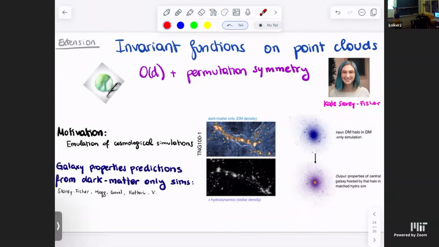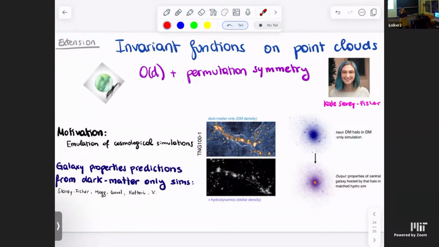She wanted to learn how to go from the properties in the cheaper simulation to the properties of the more expensive simulation. The properties she was looking at were scalar properties, so invariant functions on point clouds. Invariant with respect to permutations of the points, because the order of the points is not relevant, and also orthogonal transformations, so rotations and reflections.